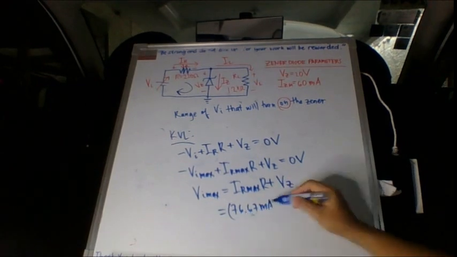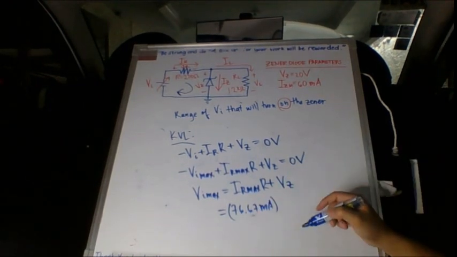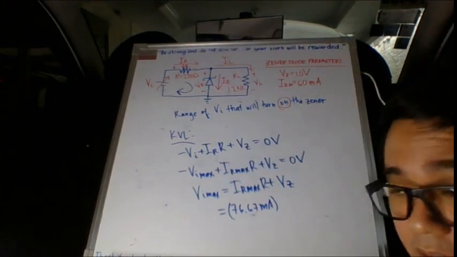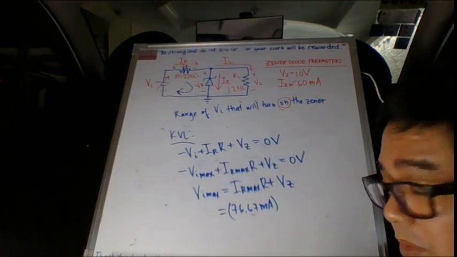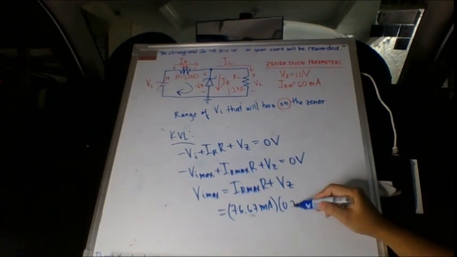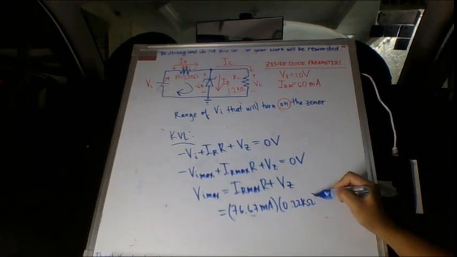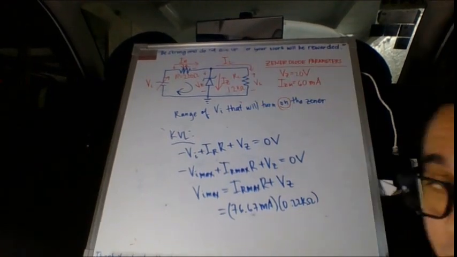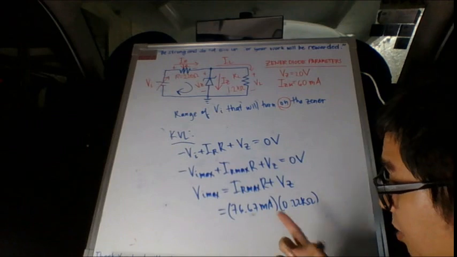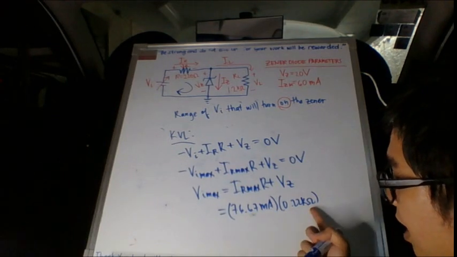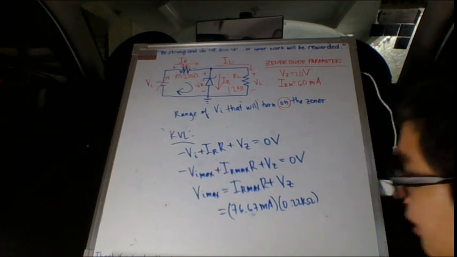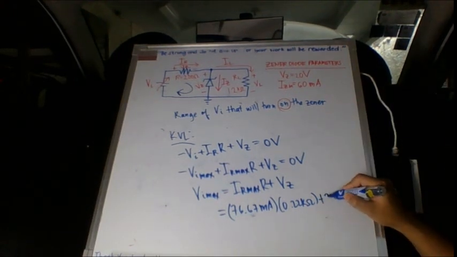milliamperes times 220 ohms. So, pwede nating i-express yung 220 ohms in terms of kilo ohms. Alright, so this is 0.22 kilo ohms. So, bakit pina-express ko ng kilo ohms yung ating ohms? Another shorthand technique na gagawin natin. Pag nag-multiply tayo ng milliamperes by kilo ohms, automatic ang sagot ay naka-volts na siya. Alright, plus 20 volts.